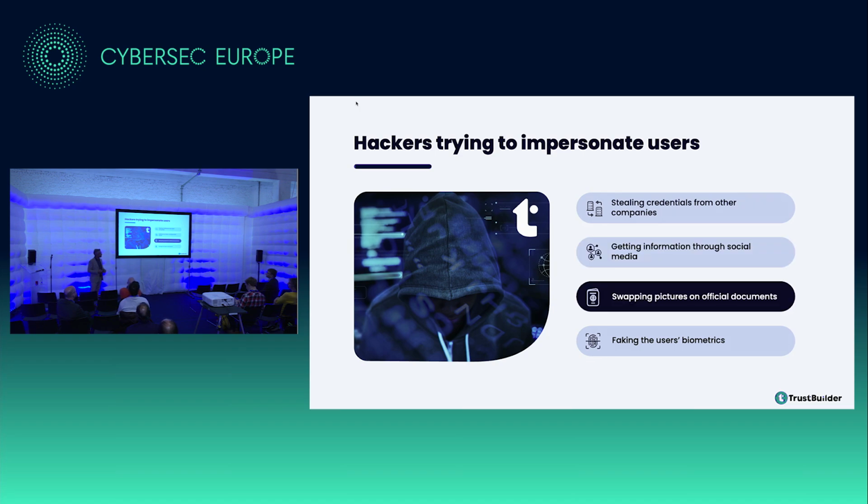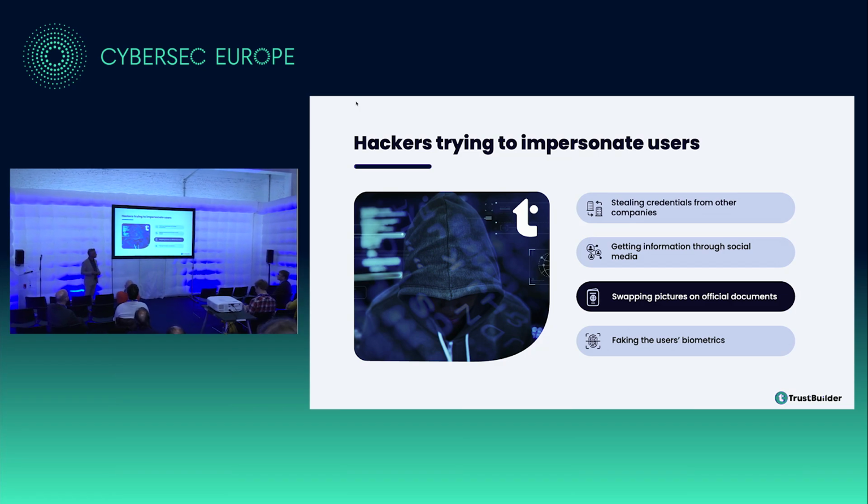With AI, what we see now as well is that if you're asking for official documents, AI makes it possible to swap the pictures or the information of that user on the fly during the onboarding process, making it very difficult to identify that user.